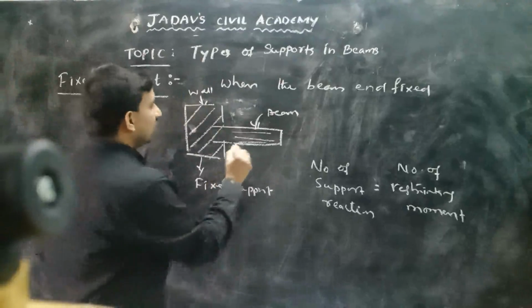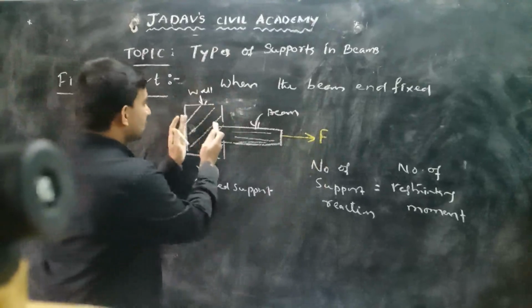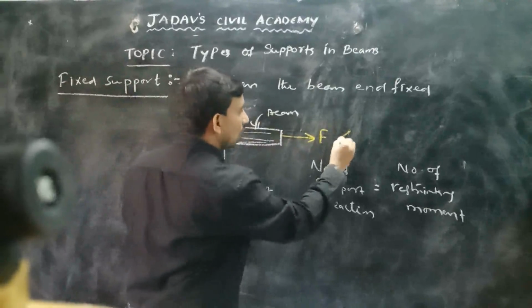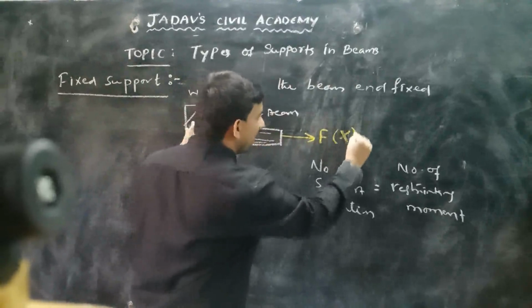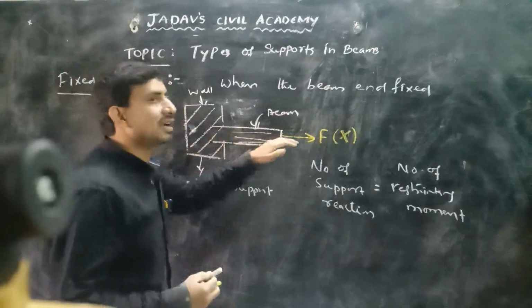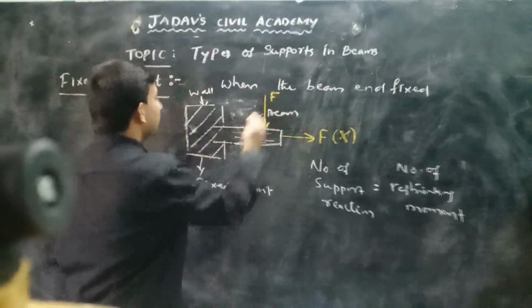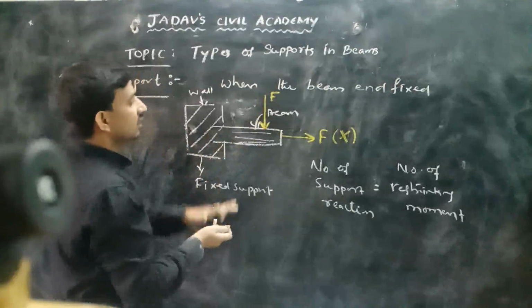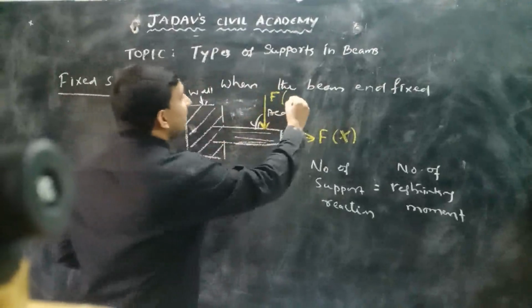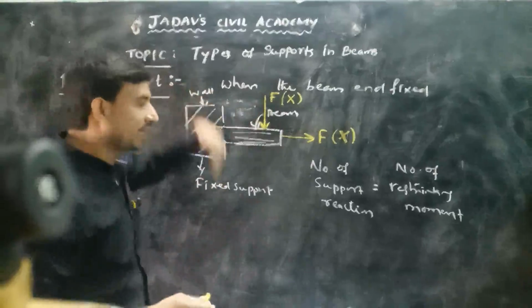If you apply a force F in the horizontal direction, because of this fixity, it will not move in the horizontal direction. So there is no horizontal translatory motion. And if you apply a vertical force here, because of this fixity, it will not move in the vertical direction. Here also we have a restriction in translatory motion of the beam in the vertical direction.